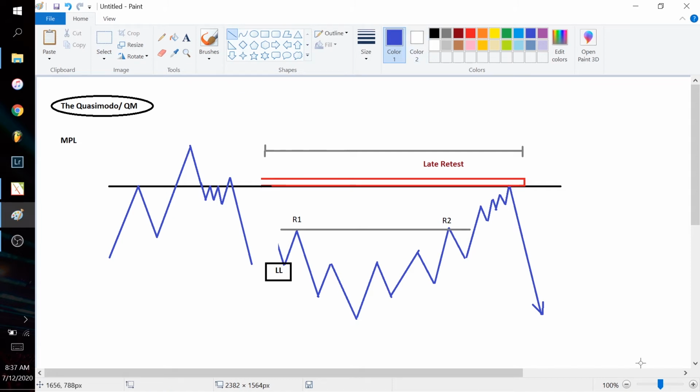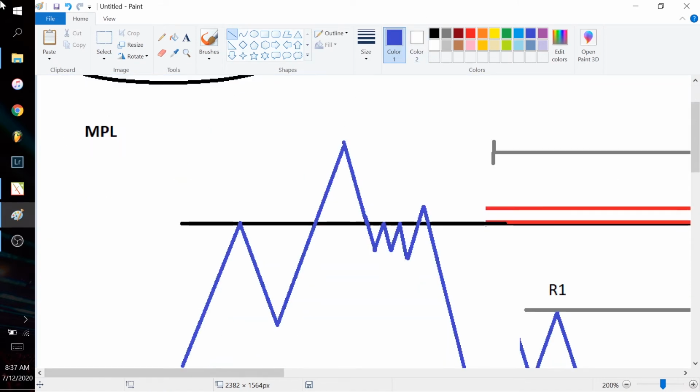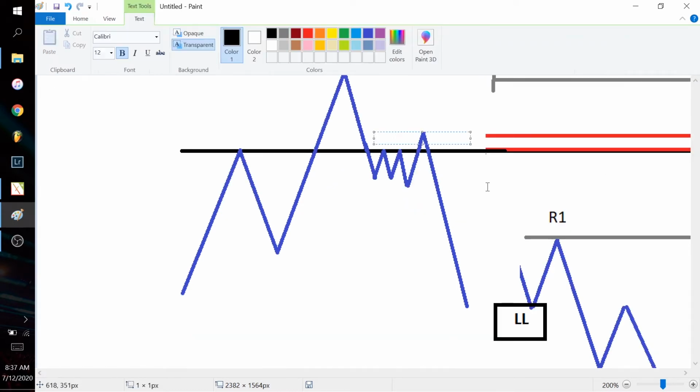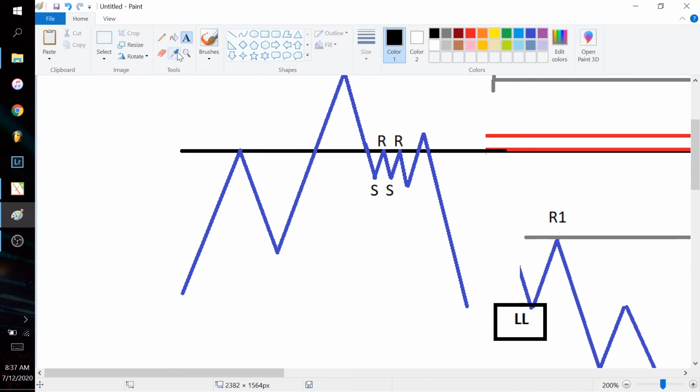What happens if we look closely at this level is that first we form some resistance, right? So we have R here, we have another R, perhaps we have the S, the support, and we have another S, another support. So in this case, imagine you're a scalper or someone who's trading on a very short time frame.